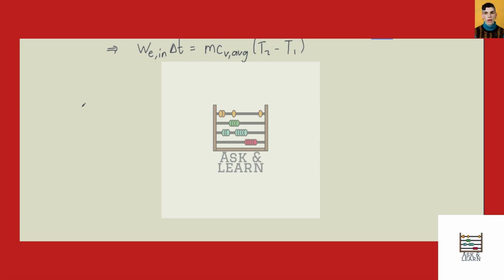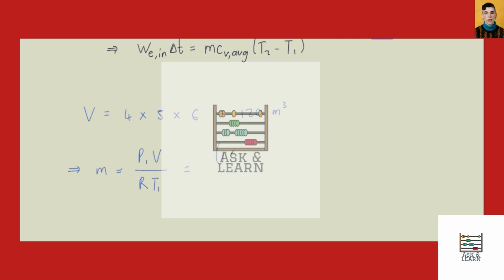Now, the mass of air we get as follows. We know the volume is equal to 4 times 5 times 6, the dimensions of the room, which is 120 cubic meters. And so we can find the mass of air to be P1 times V over R T1. Now, these values are all known.